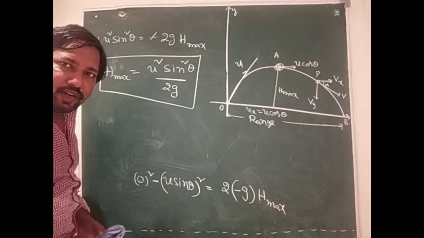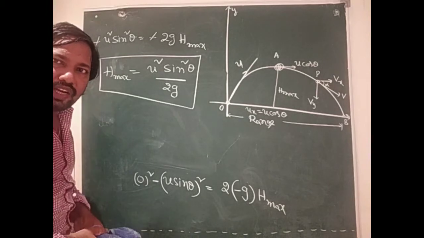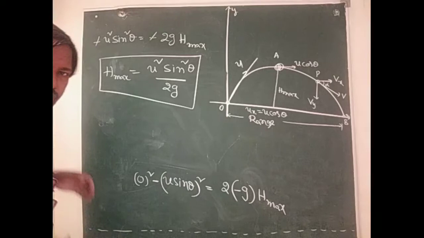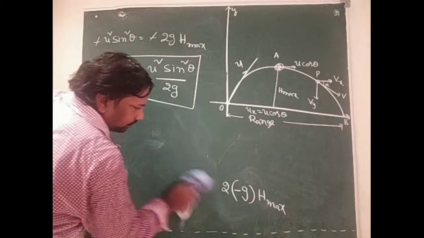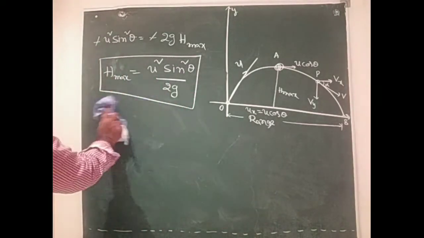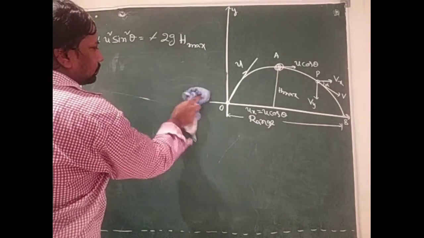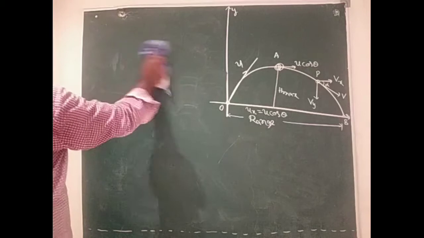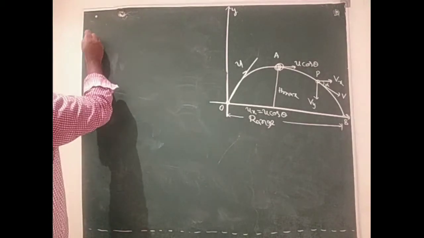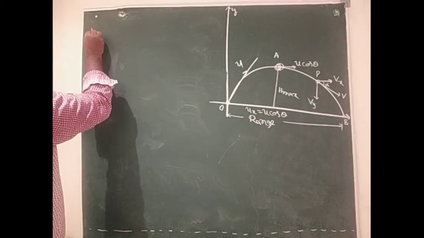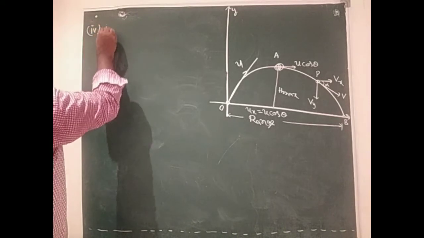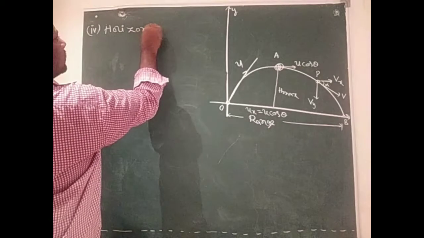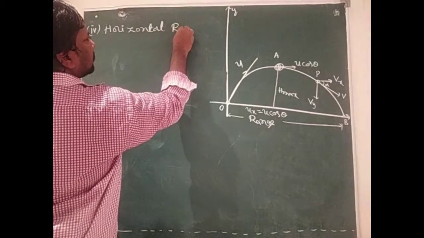Now we can find out range, horizontal range in the case of oblique projectile motion. Fourth one, horizontal range.